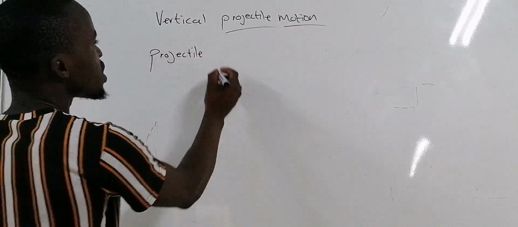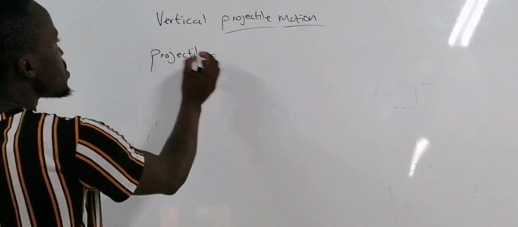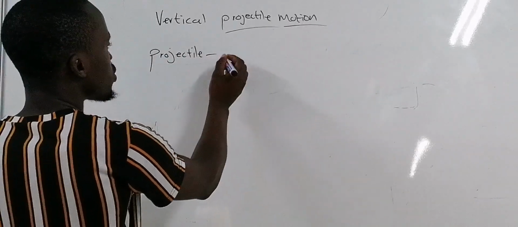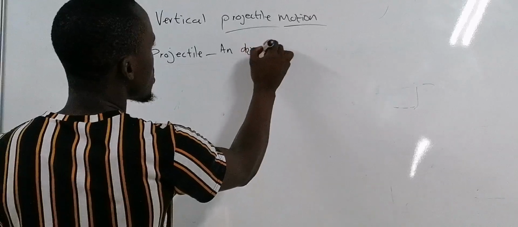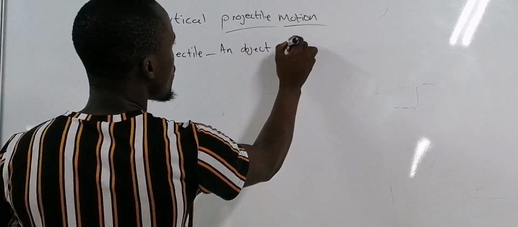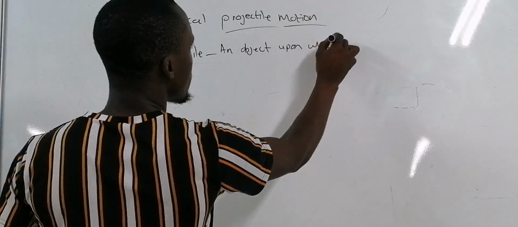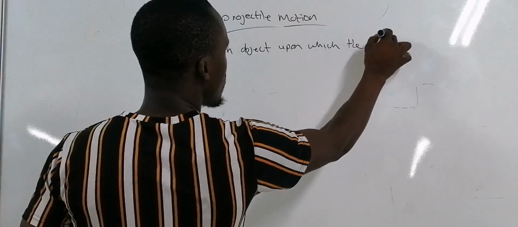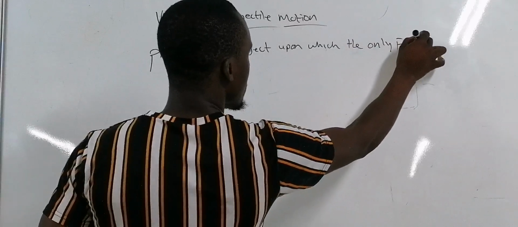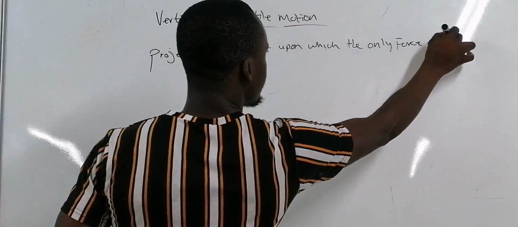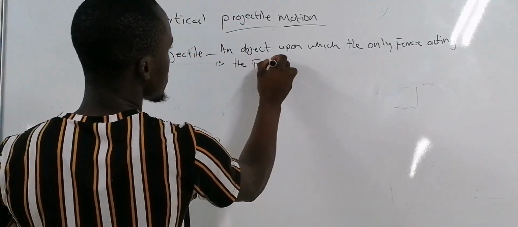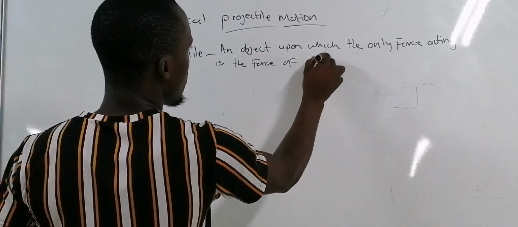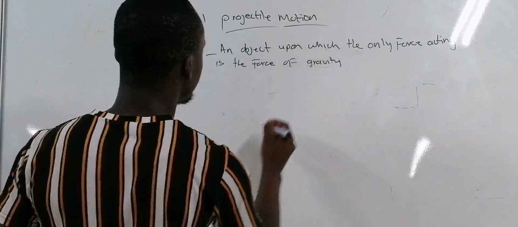In vertical projectile motion, we have two definitions. When we define a projectile, we say that it is an object upon which the only force acting is the force of gravity.